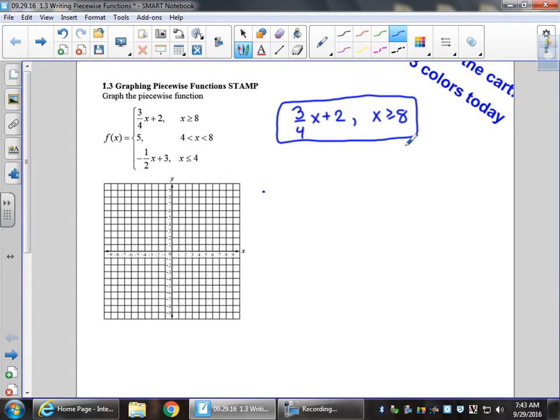Okay, so I wrote my piece. Now what? How many values do we need? 2. Which is the first one we're automatically going to pick? Good. So that becomes 3/4 times 8 plus 2.